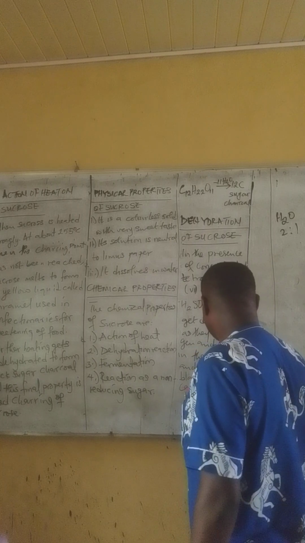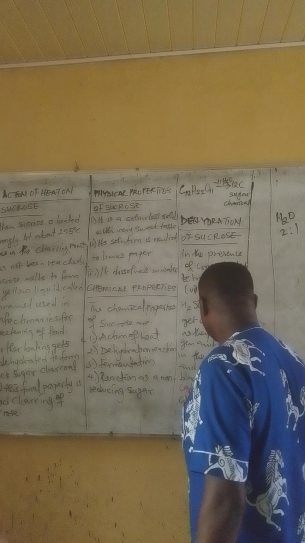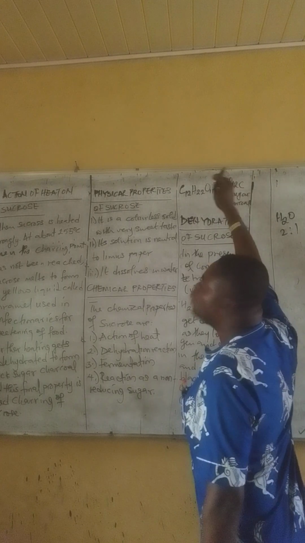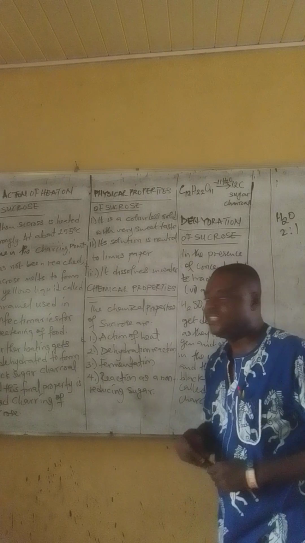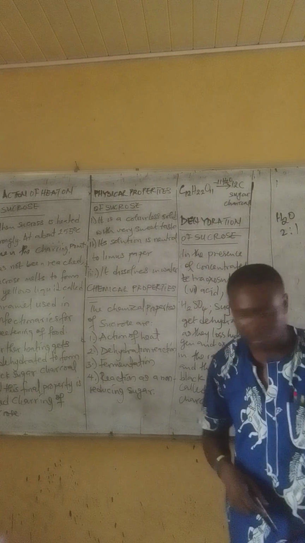Called sugar charcoal. The same equation we have here is still this. So two things that can cause dehydration are strong heating and the addition of conc H2SO4.